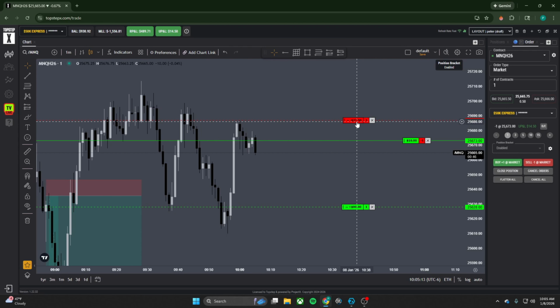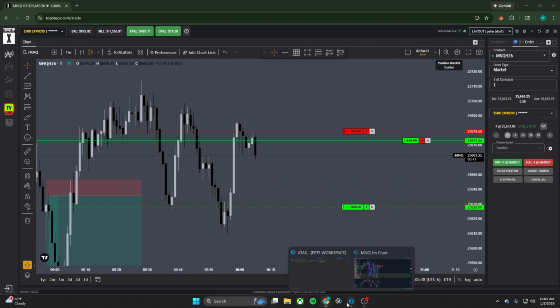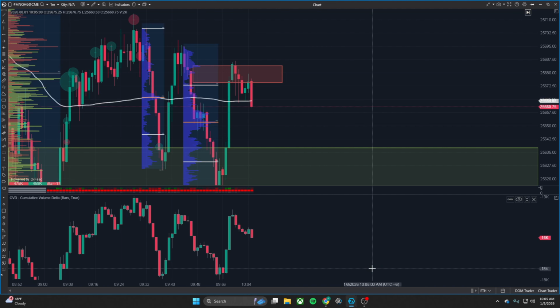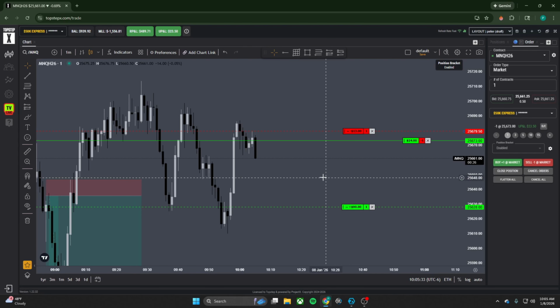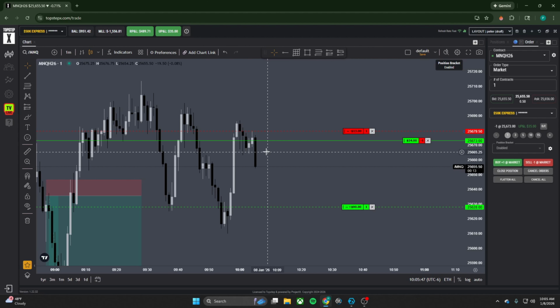Alright, we could trail our stop maybe. Risking 13. I might scale in if we see some big orders come in. A lot of aggression and follow through. I'm scaling in.